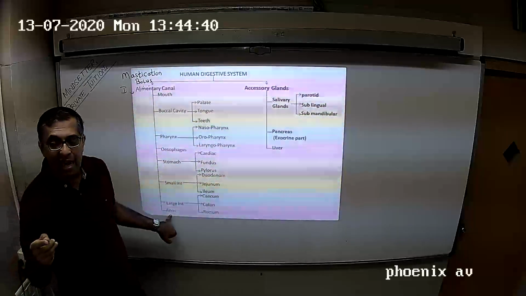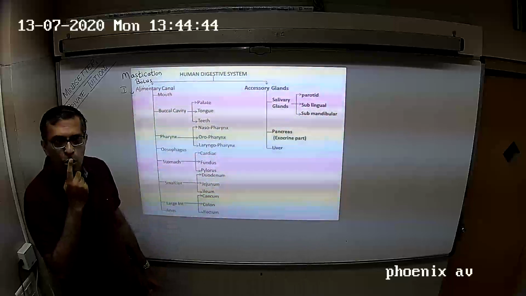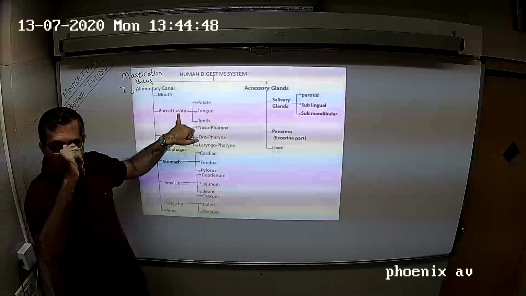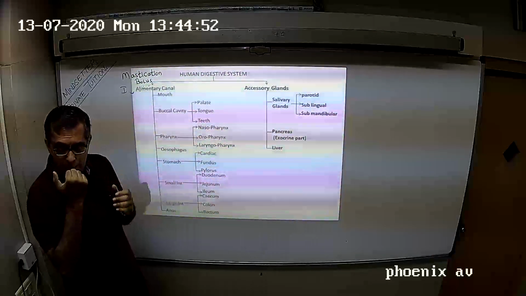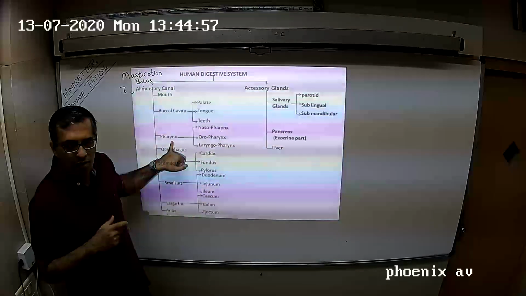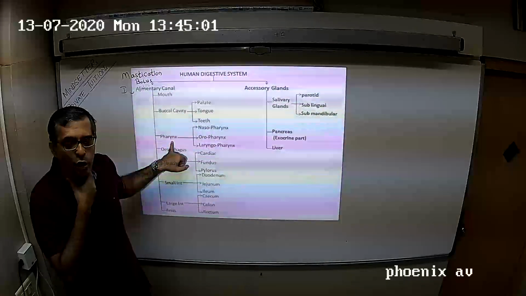So once again, alimentary canal starts with the mouth. From mouth, the food goes into the buccal cavity. Buccal cavity above has the palate. On the sides are the teeth, and below is the tongue. From where it goes into the pharynx. Pharynx consists of nasopharynx, oropharynx, and laryngopharynx.